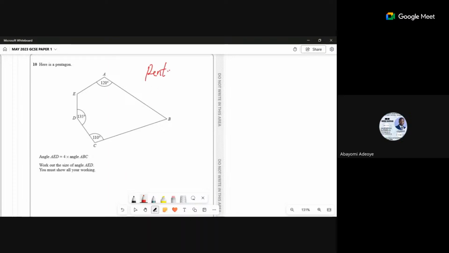So what's the sum of angles in a pentagon? I don't know. Pentagon has how many sides? 5. Okay, n equals 5. So the sum of angles is n minus 2 times 180. So what's the sum now using this formula?